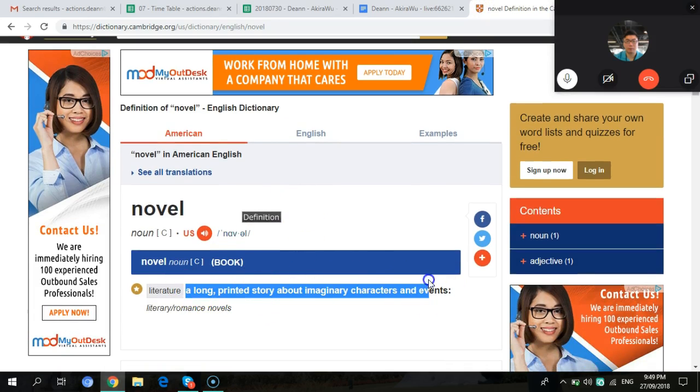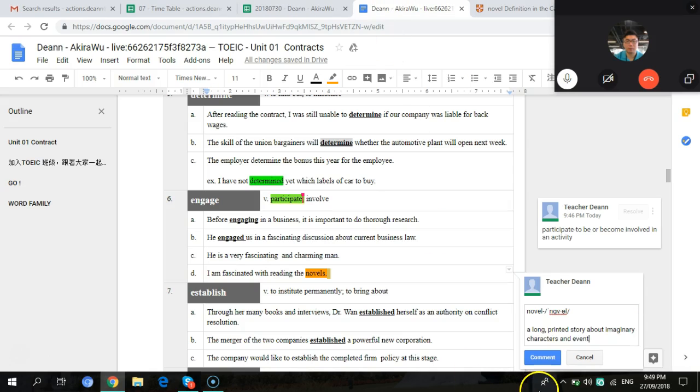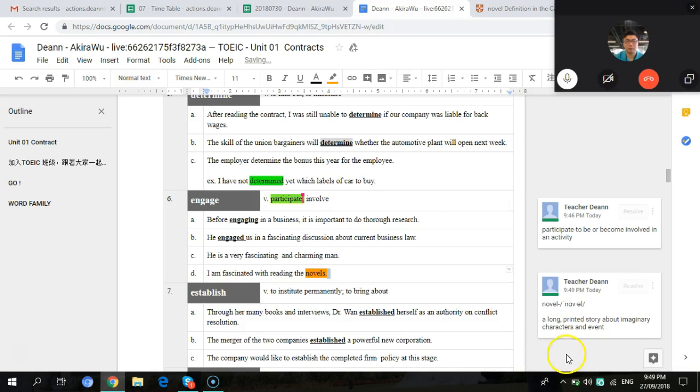It is a long printed story about imaginary characters and events. So they're usually books, like a novel about a certain person, a storybook. Sometimes that is a novel.